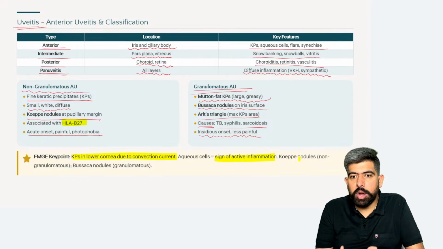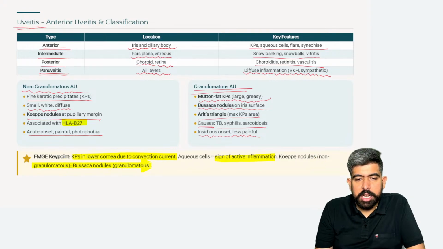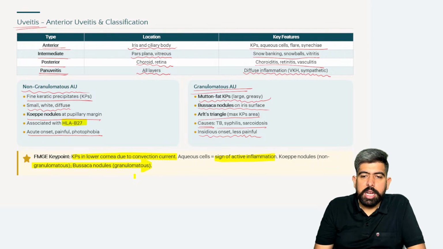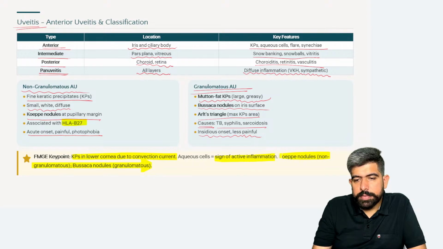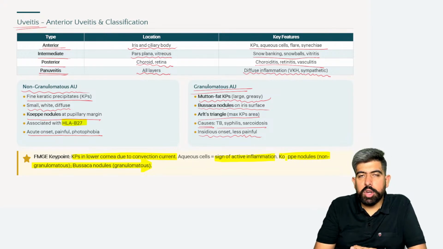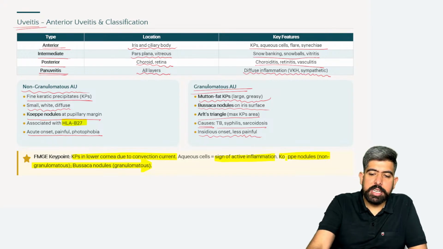The inflammation is going on. Yes, active sign, aqueous cells. Koeppe nodules are in the non-granulomatous, and Busacca nodules will be seen in the cases of granulomatous.